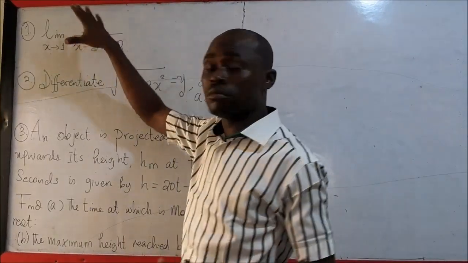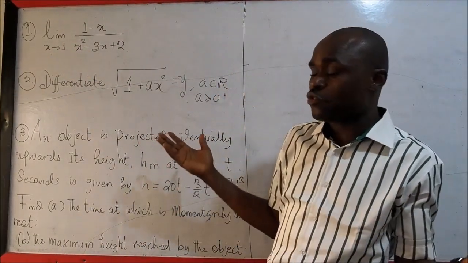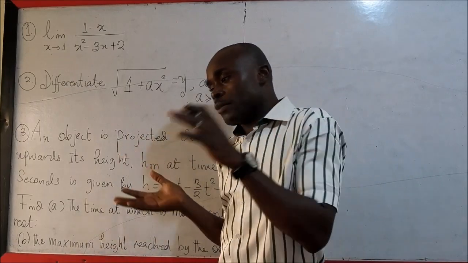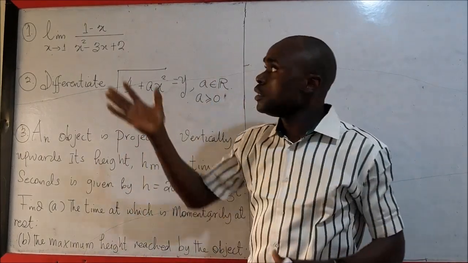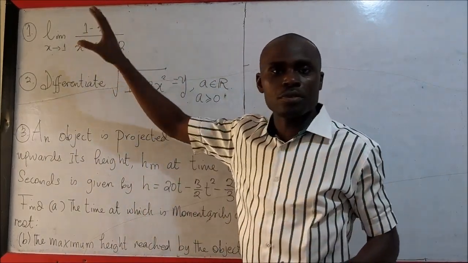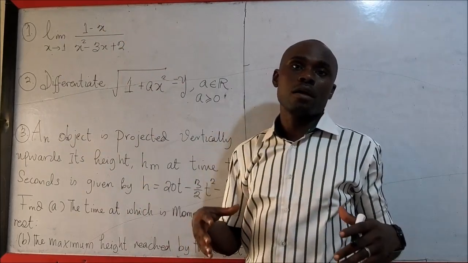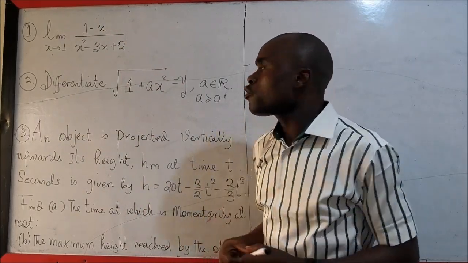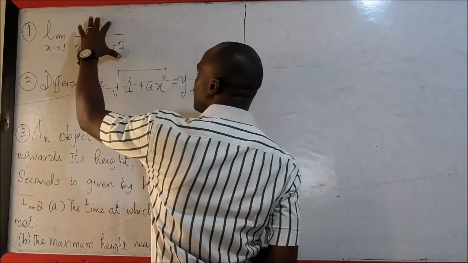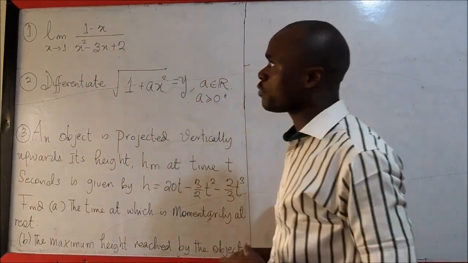In a typical question, we are always tempted to substitute values in limit questions. I want to say in some cases it may not work. So what do we do in this kind of case? We can't just substitute.